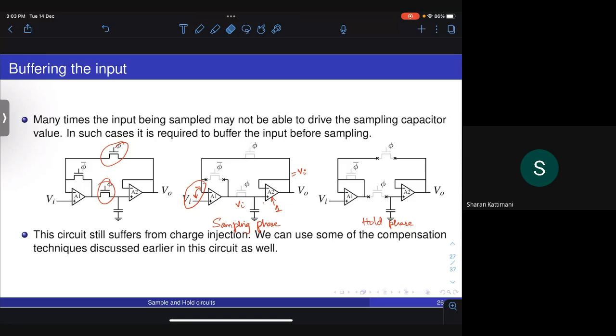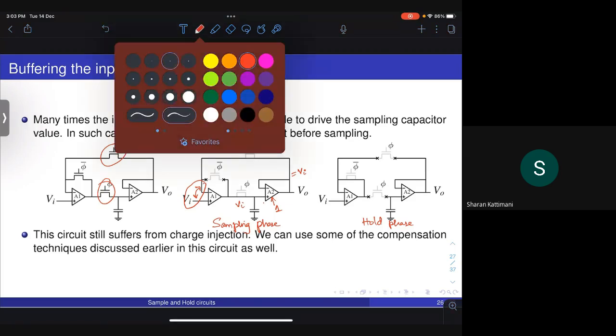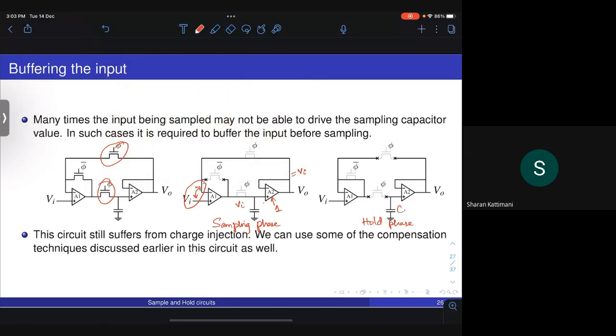So you have a sampled capacitor here, which holds the value of the sampled voltage, and it is buffered by amplifier A2 in unity gain configuration to generate the output V0.